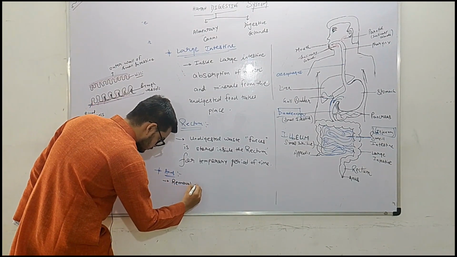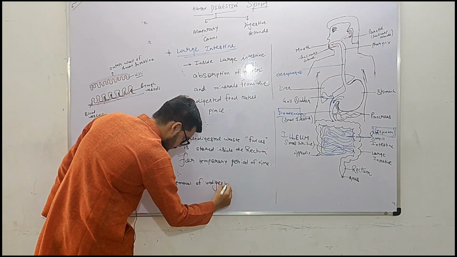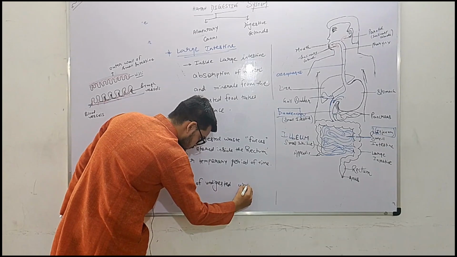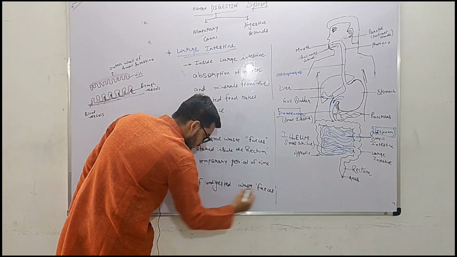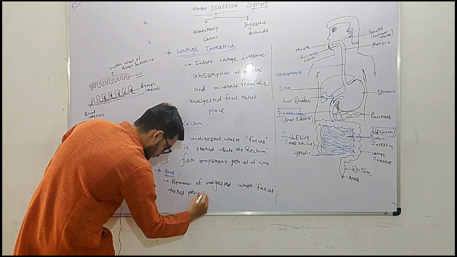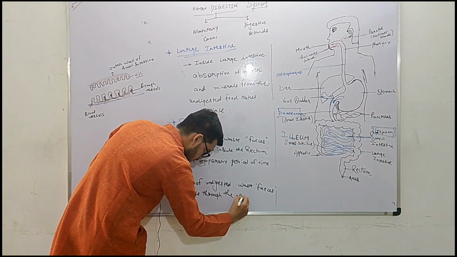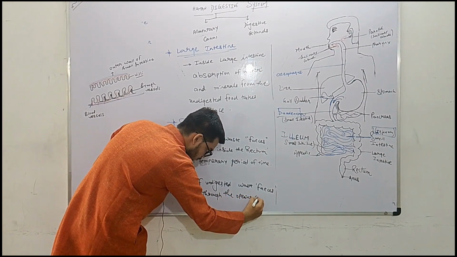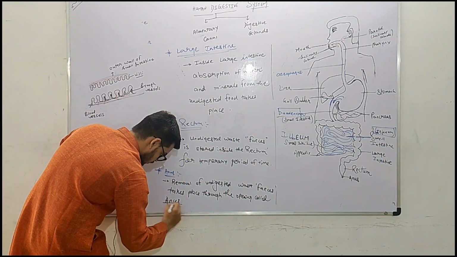Removal of undigested waste, that is feces, takes place through the opening called anus.